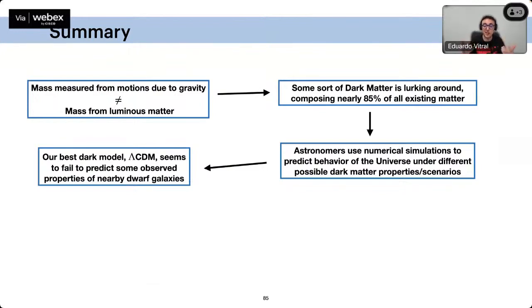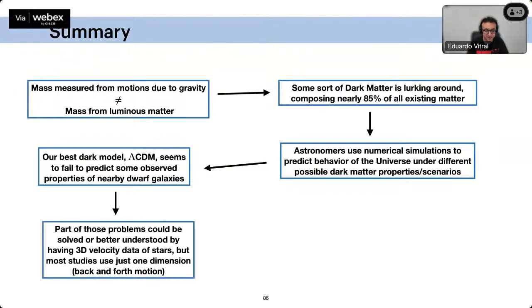That led us to what is known as the cusp core problem. Now, part of those problems could be solved, or at least better understood, by having not only one dimension of the velocity, which is the back and forth direction, but the full 3D information, which we measure by adding to that the motion of stars in the sky.